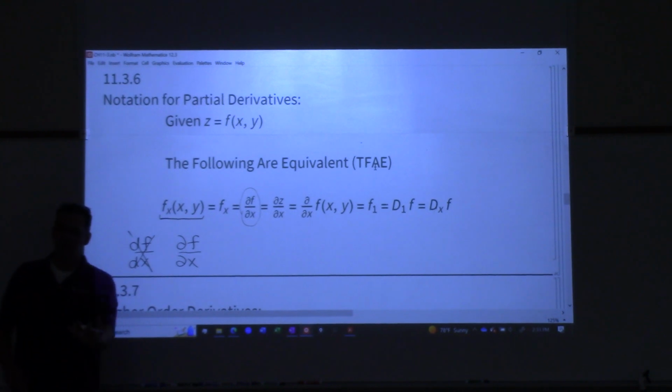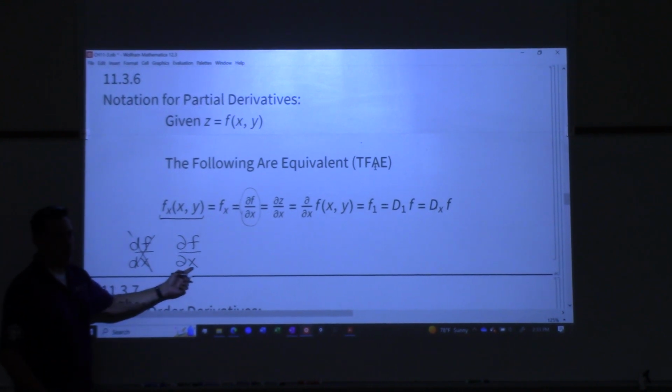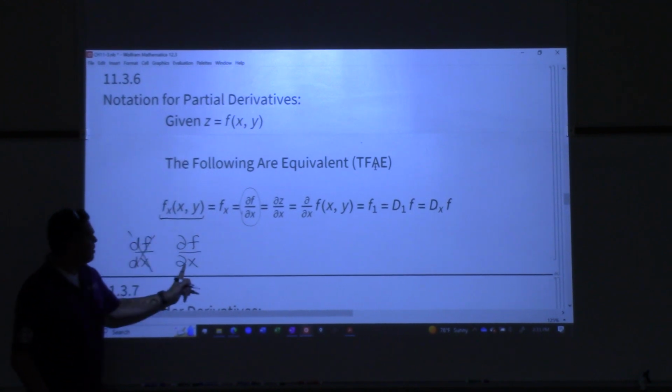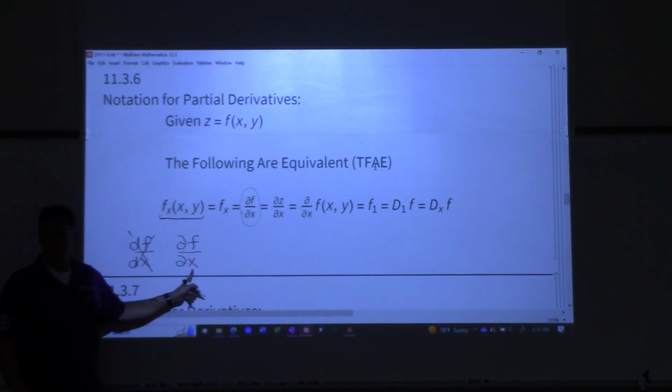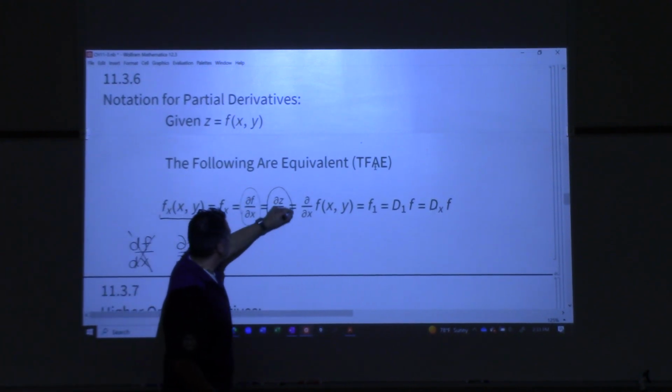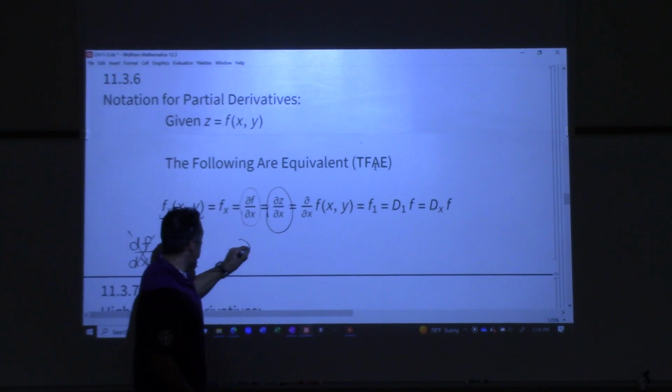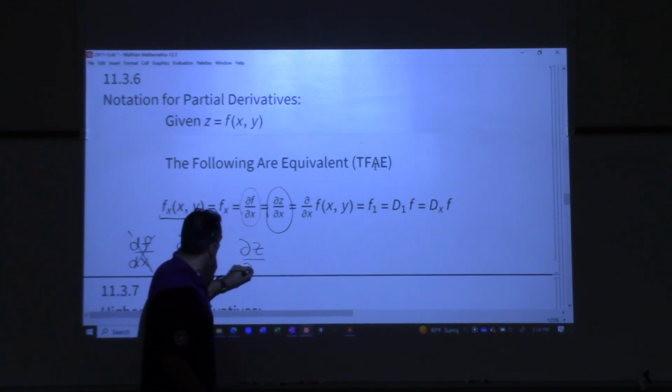It tells you you're going to treat x like the variable. You're going to look at that function f, and you're going to treat x like the variable. And that means anything that's not x, like the y, is a constant. Another notation is this one. Partial of z with respect to x.